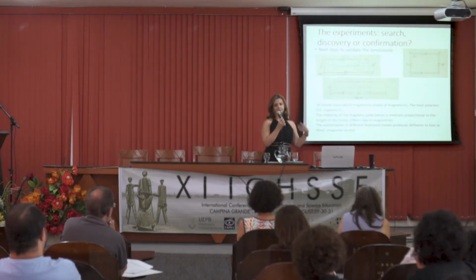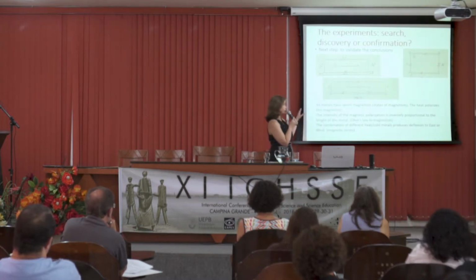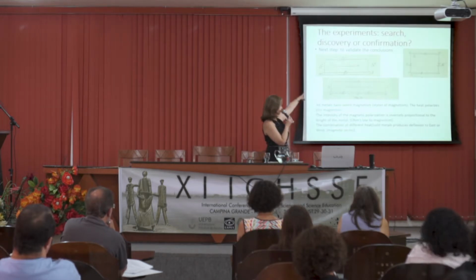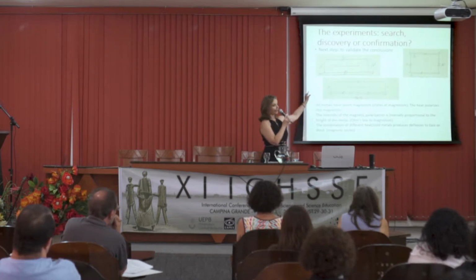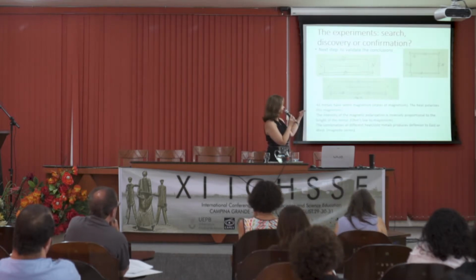So he's going to do many experiments, changing the metals and changing the configuration of the circuits. That one is a bar of bismuth and copper, and A and B are at different temperatures. Then he tried another one.